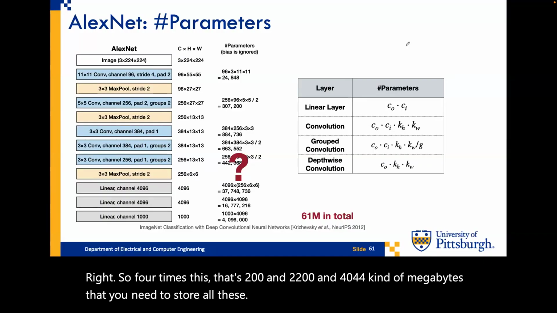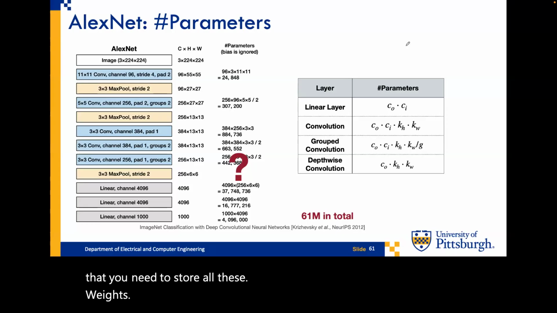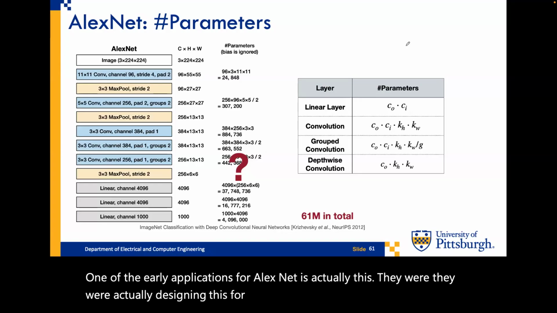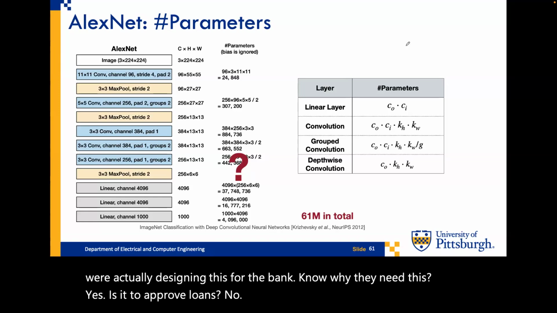So one of the early applications for AlexNet is actually this. They were actually designing this for the bank. You know why they need this? To approve loans? No, it's image recognition, right?